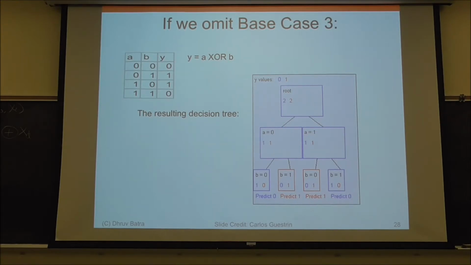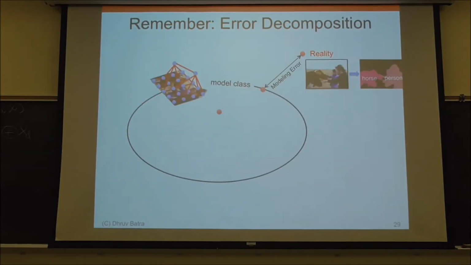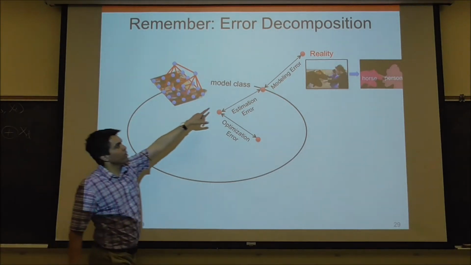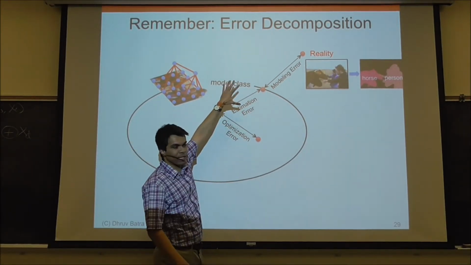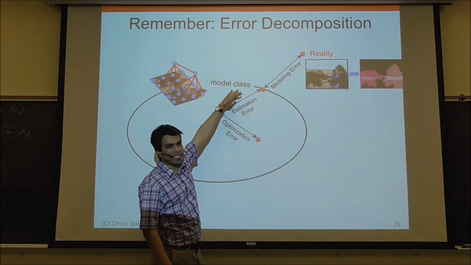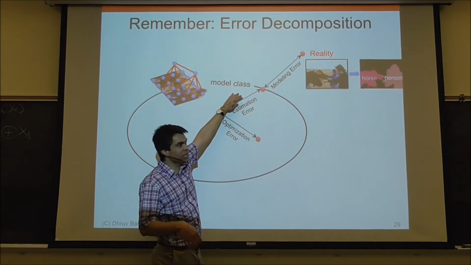Okay. And this idea, that there is a model in our model class that can represent the function that we're trying to learn, but we will never reach it, is the idea of optimization error that we had talked about. If you remember this figure, there was some modeling error, so there was a model class, in this case decision trees on d variables of some depth.